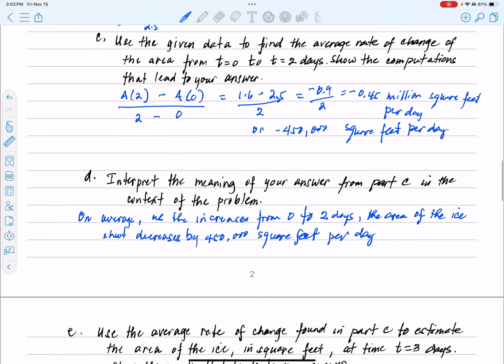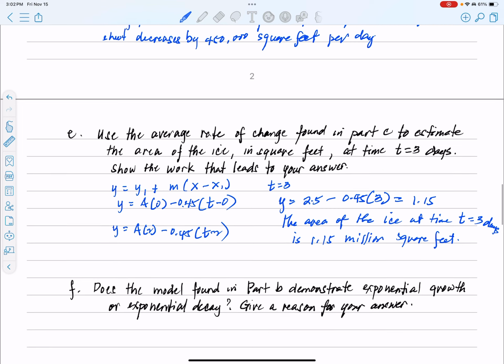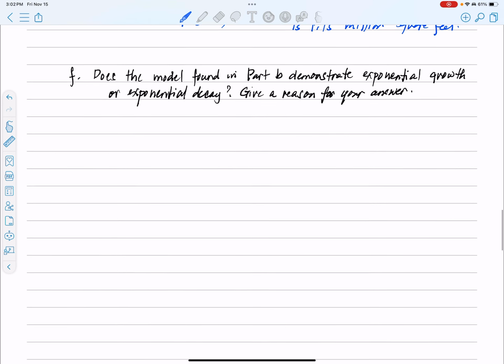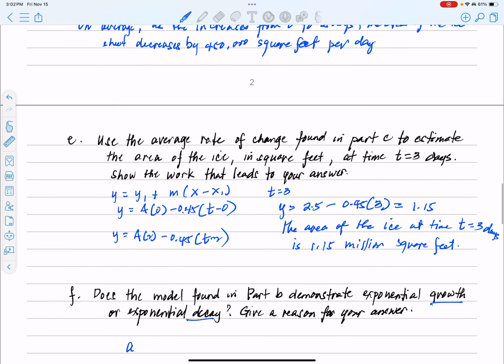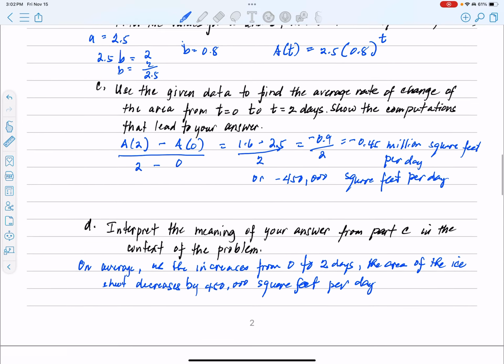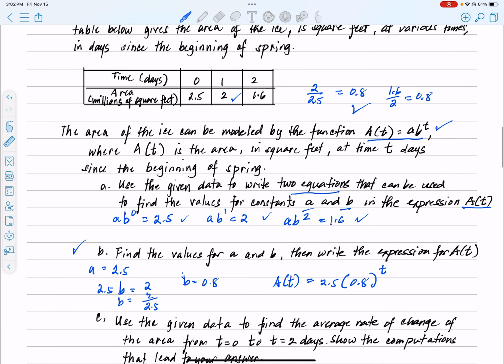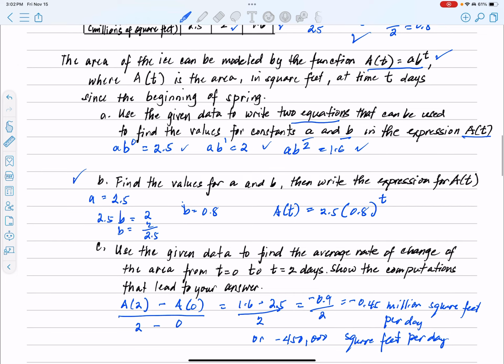Give a reason for the answer. So let's look at our a in the table. What can we say about a? It is greater than 0.